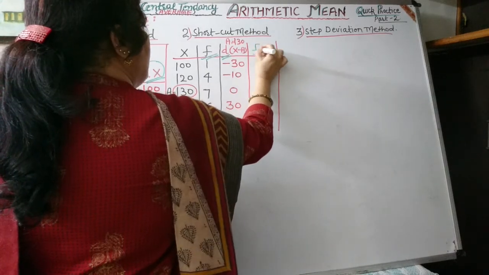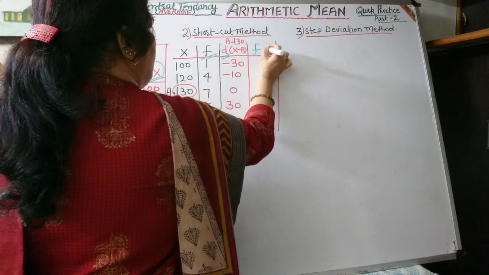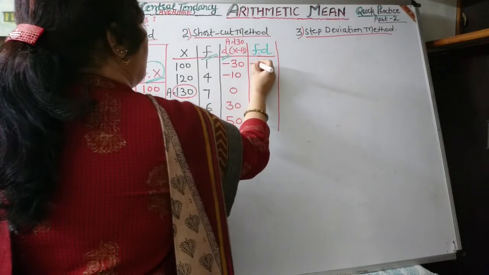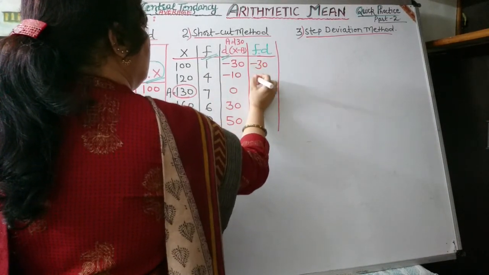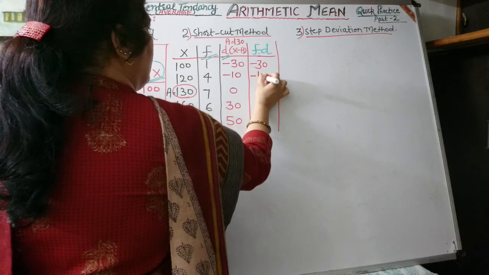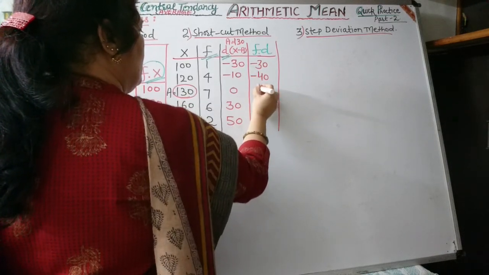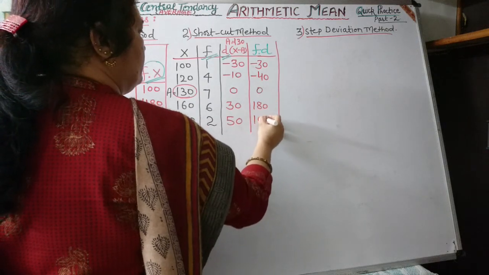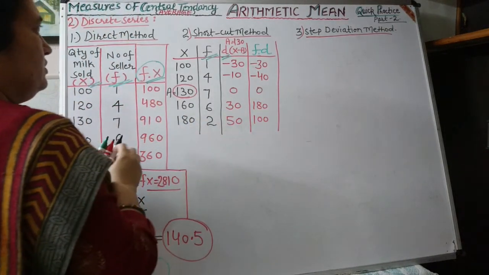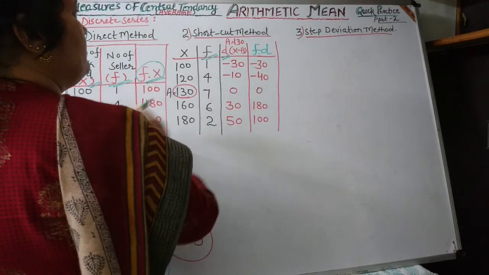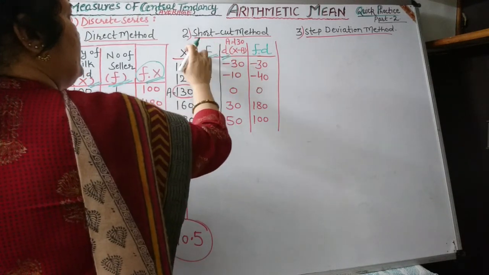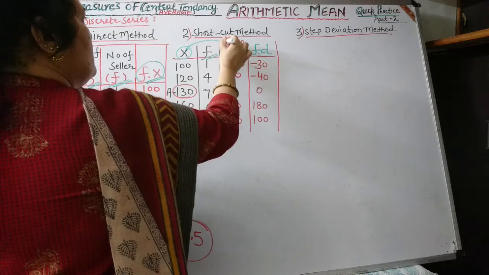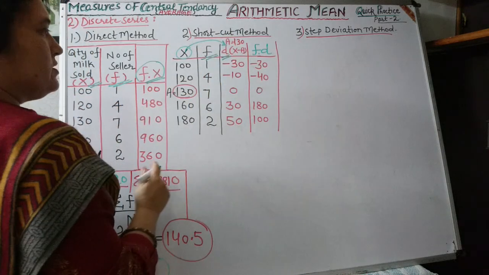So the next calculation is fd, f multiplied by d, and the values will be minus 30, minus 40, 0, 180 and 100. We will not multiply f with x because we have taken deviations from the values of x.